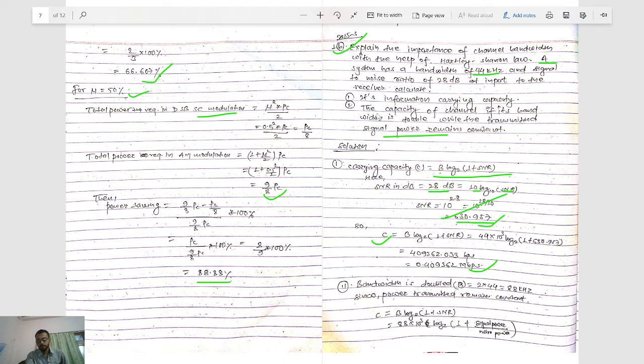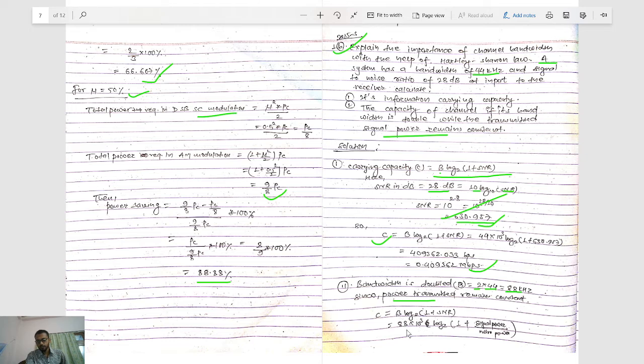And in the second equation we have the capacity of the channel if its bandwidth is doubled while the transmitted power remains the same. If bandwidth is doubled, the bandwidth mentioned in the question is 44, and this time it is doubled, so 2 into 44 gives 88 kilohertz. Since the power is constant, it is calculated as C equals B log2(1 plus signal to noise ratio).